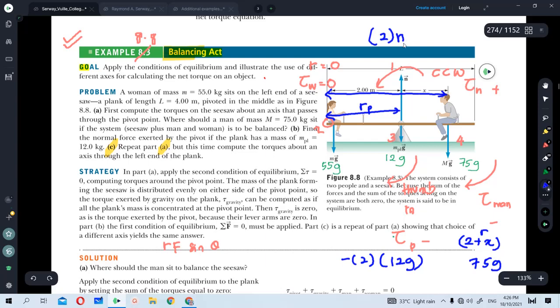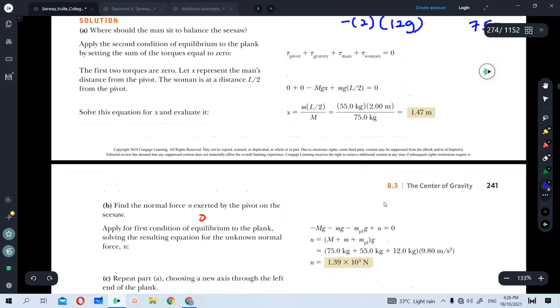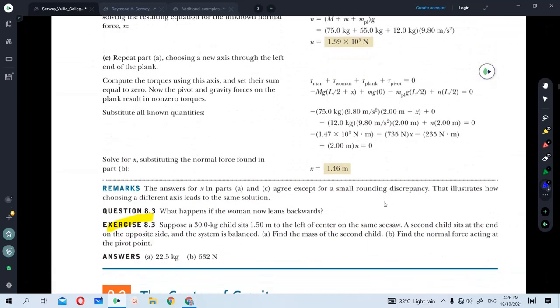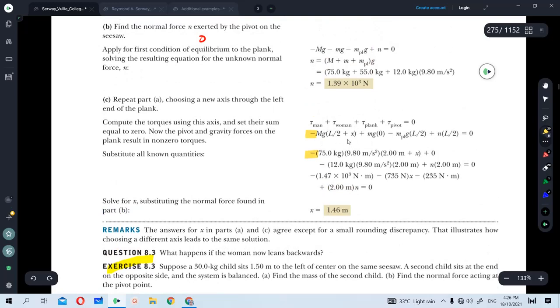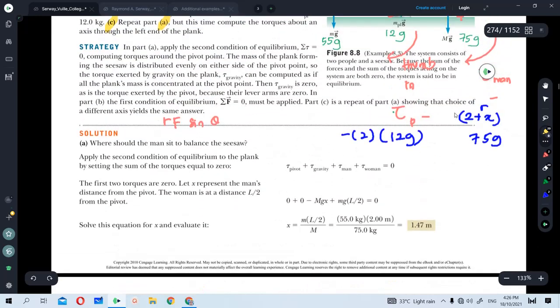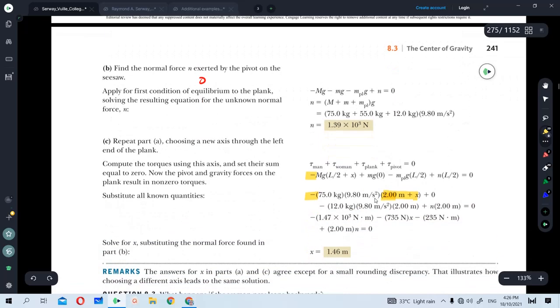Okay, what is the N value? Now let's leave that as an unknown for the time being. Look closely at how we substitute earlier. So negative 75 times 9.8, and the 2 meters plus X. Let's double check. 2 plus X, 75 times G, and negative torque. And the plank itself, what about the plank?